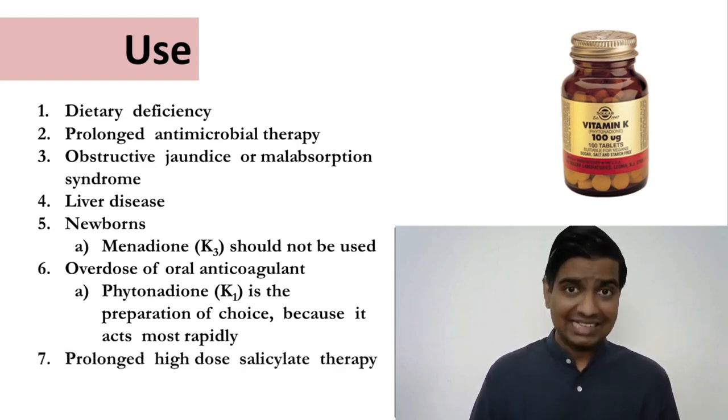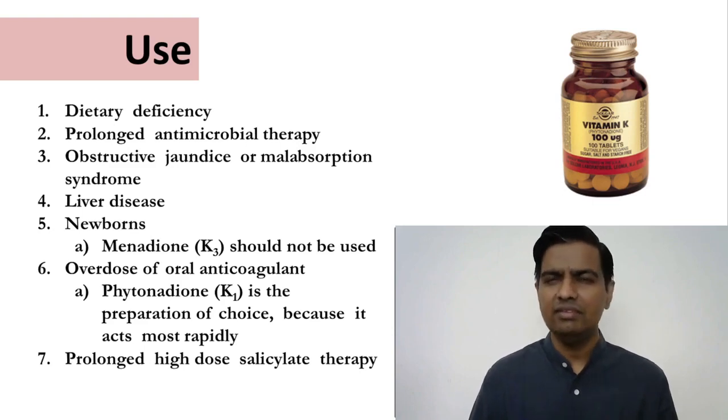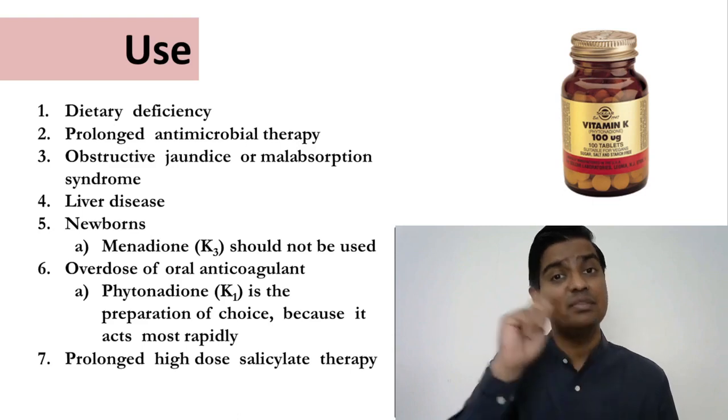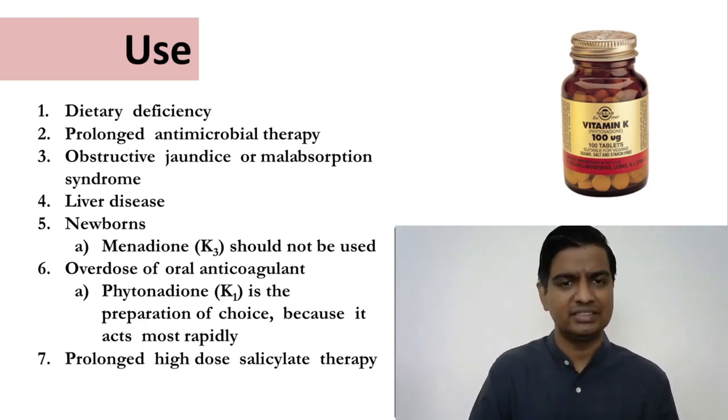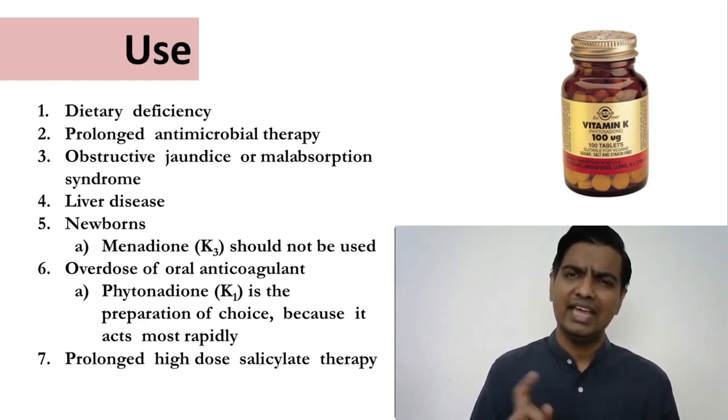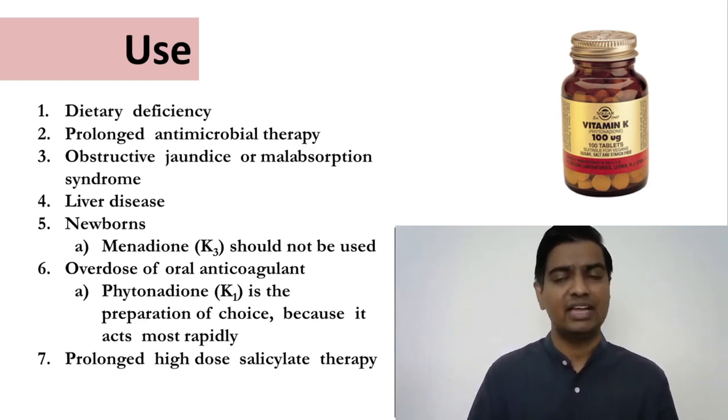Easy. Lastly, even when somebody has taken a medicine that decreases platelets or decreases the functioning of the platelets, such as aspirin, salicylate therapy, there also you can try giving vitamin K, it will work fantastic.